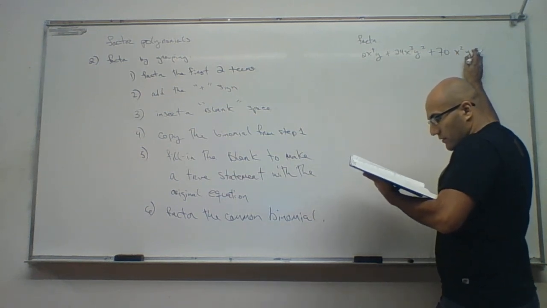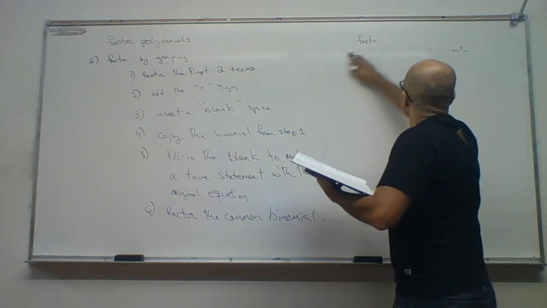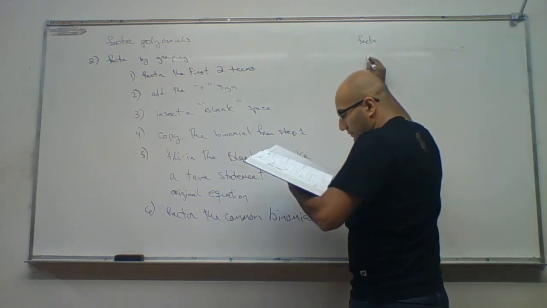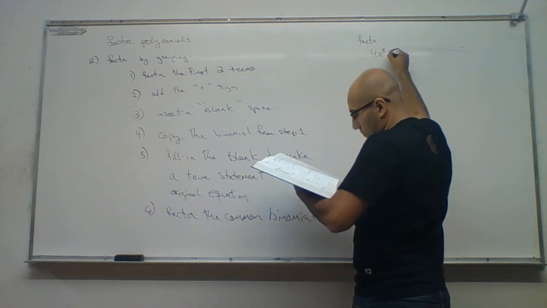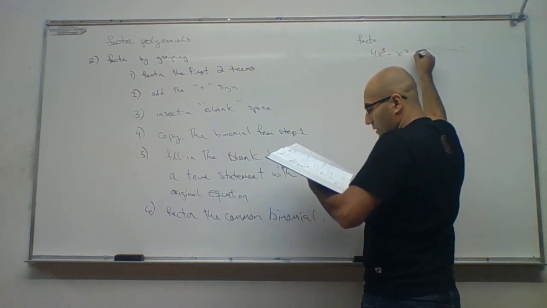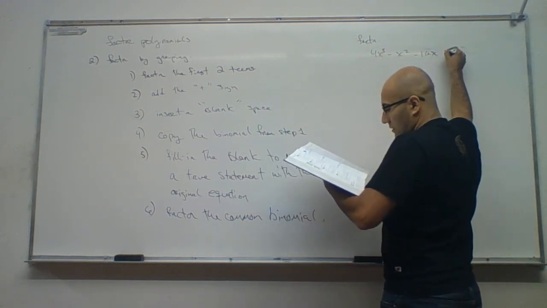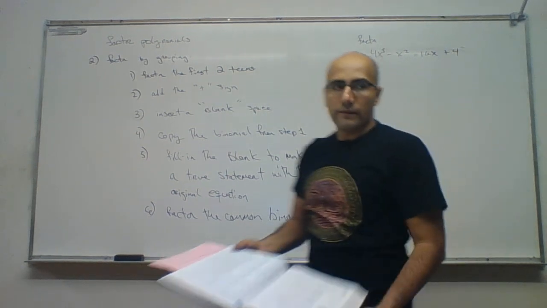Oh, I don't want that one. Why did I copy that one? Sorry, I want 4x to the third power minus x squared minus 16x plus 4. Okay, so there it is.